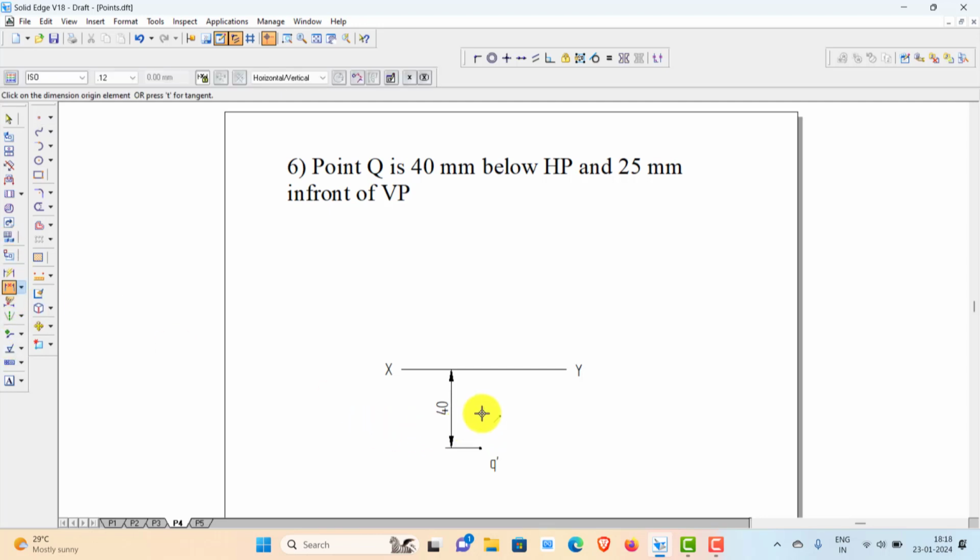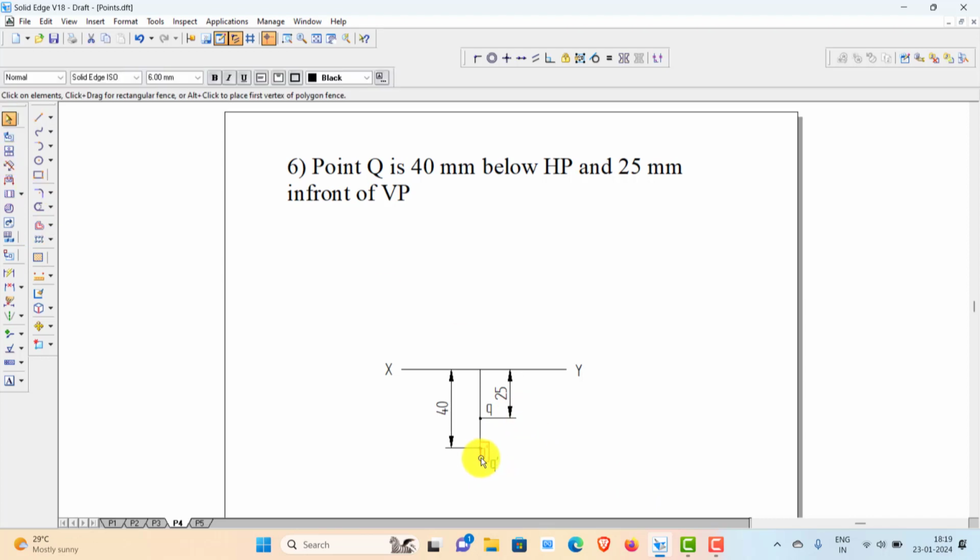Use the distance between option to adjust the distance. It should be 25. Now this is Q. Now draw a thin line connecting these two. Okay. Now you get the front view and top view.